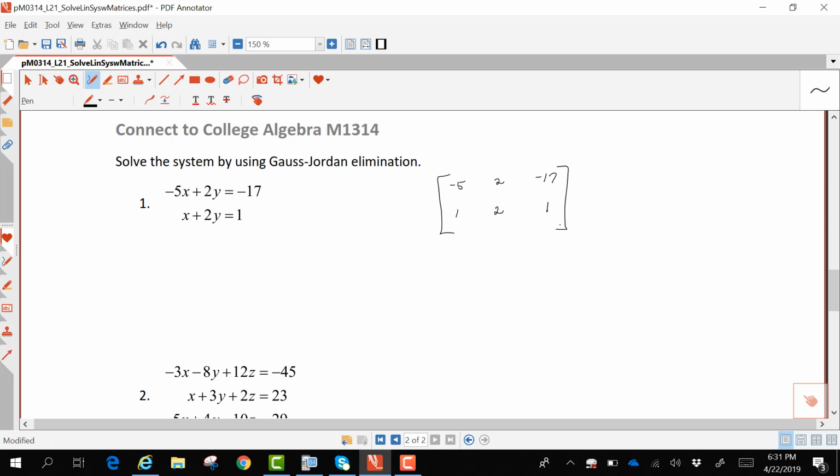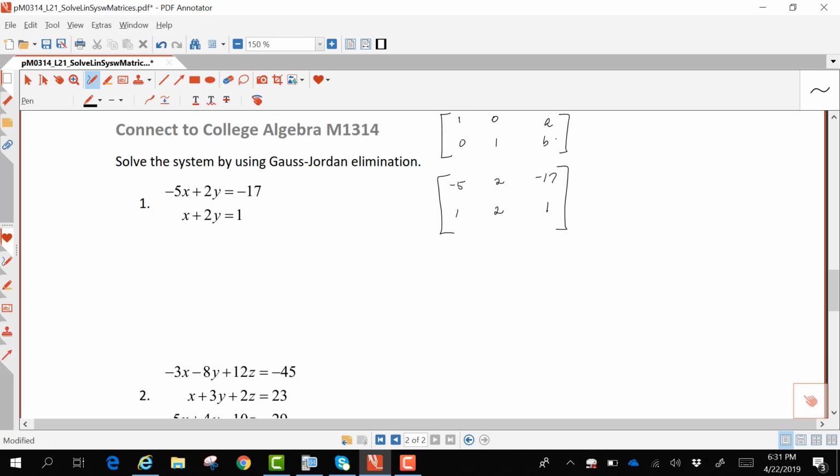To solve using the Gauss-Jordan method, the goal is to take that augmented matrix and make it such that we have 1s on the diagonals and 0s above and below the 1s. Whatever these constants on the outside are, that's what we're looking for.